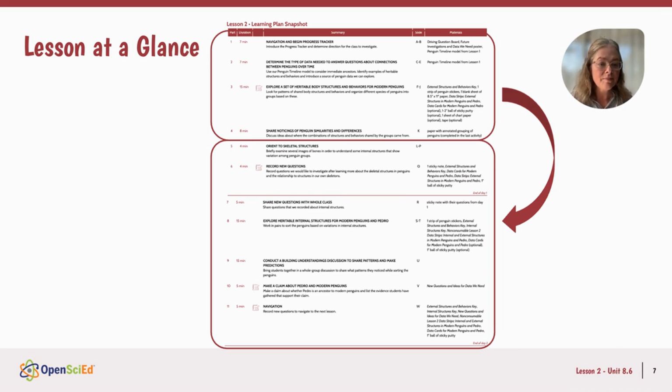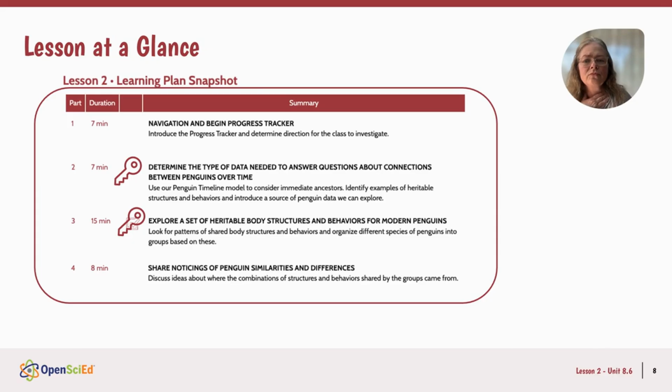The lesson itself can be divided into 2 chunks or sense-making loops. In our first sense-making loop, students are wondering what connections, if any, exist between different penguin species. We investigate this question by first deciding that we really need to look at data on heritable characteristics, and then we work in groups to analyze the data and look for patterns.